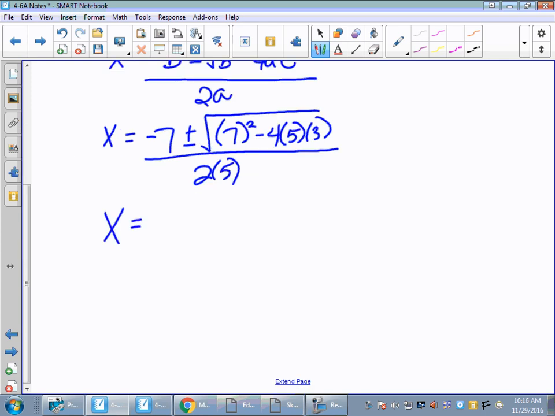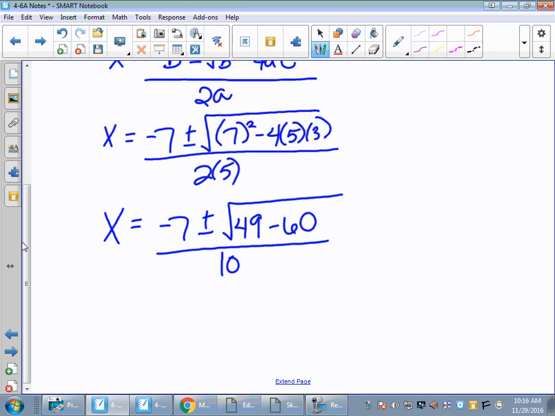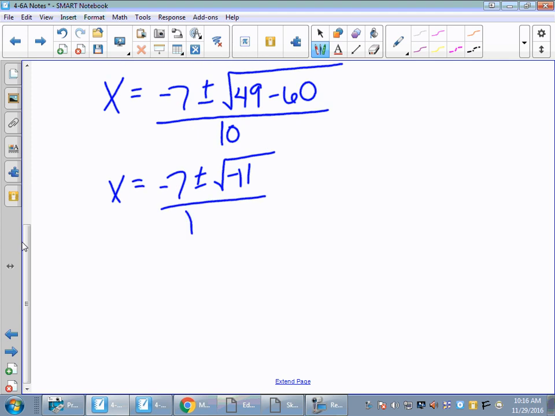X equals negative 7 plus or minus the square root of 49 minus 60. Okay, and when you subtract 60 from 49, I'm going to get a negative number in there, all over 10. Negative 7 plus or minus the square root of negative 11 all over 10.